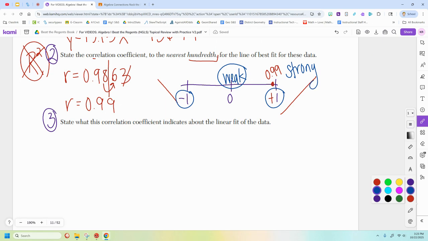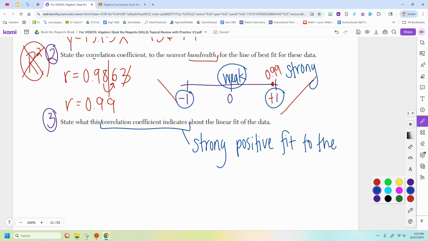So the correlation coefficient indicates a strong positive fit to the data. And that's all you need to say.